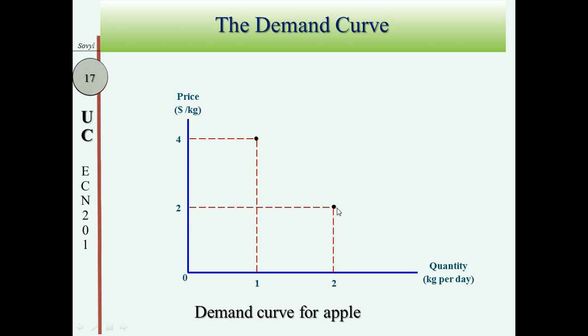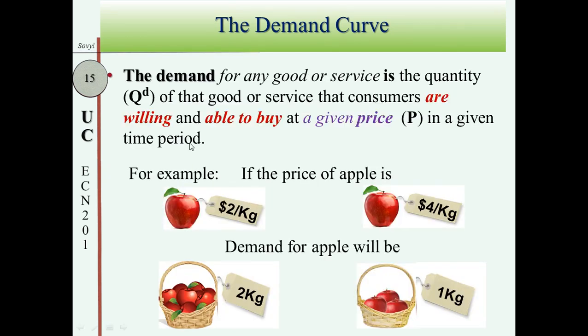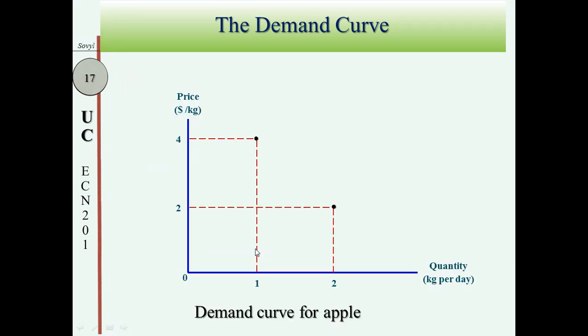This is demand for Apple at the other time. Maybe 1 week, the other week. If I have 2 points, I can connect these 2 points. I get a line.